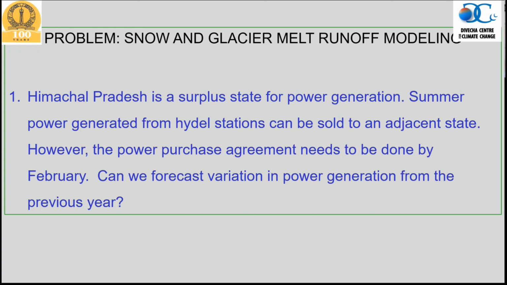However, the power purchase agreement has to be made in February for summer. So can we forecast the variation in power generation by using the previous year? They wanted to know in February how much variation in power potential is going to come compared to last year, so how much power they can supply to Punjab and Haryana. That is the idea.